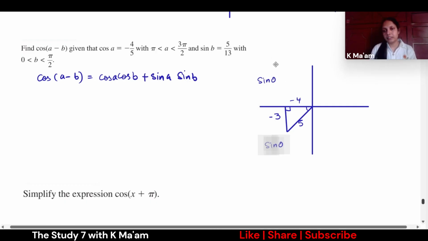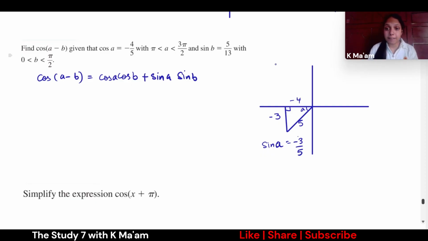The angle is A, so use A, sine of A is negative 3 by 5. Another is sine B, which is 5 by 13. So it is 5 over 13. 5 is this, 13 is the hypotenuse.